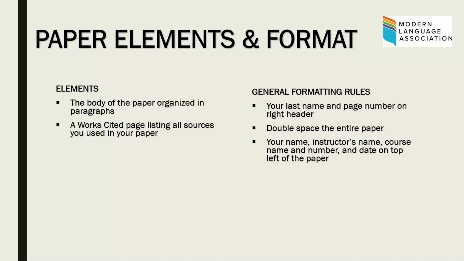In the upper left-hand corner on the first page of your paper, you should create a heading that lists your name, your instructor's name, the course name and number, and the due date for the assignment. Again, be sure to use double-space text. And the title of your paper should be placed below the heading, and it should be centered.